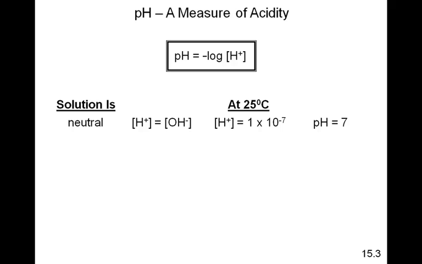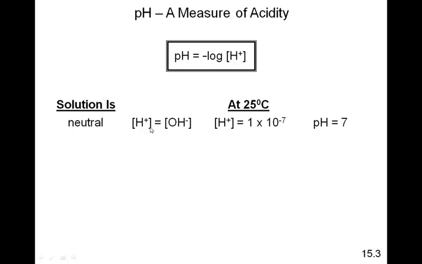So the pH of a neutral solution is 7 only when it's at 25 degrees Celsius. But in reality, the H plus concentration must be equal to the OH minus concentration, which will be true for any neutral solution, but it can be at different temperatures. So if it's at a different temperature, these concentrations will be different.